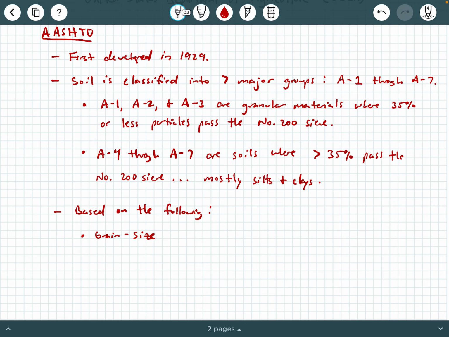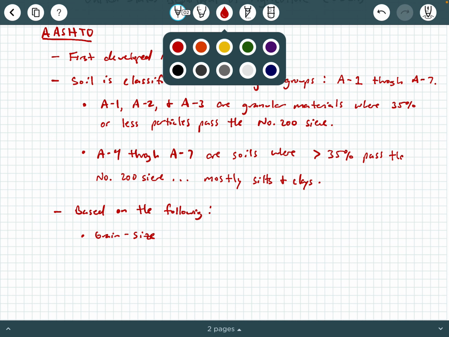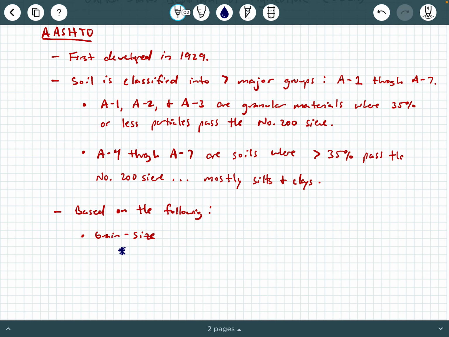Well, that makes sense because I just told you the preliminary thing you look at is, do you have more or less than 35% that passes the number 200 sieve? So it's based on grain size, okay? Now, let's go into a little bit of a deeper dive with grain size, all right? When we think of grain size, we want to think about, do we have gravels, sands, and then silts and clays, all right?